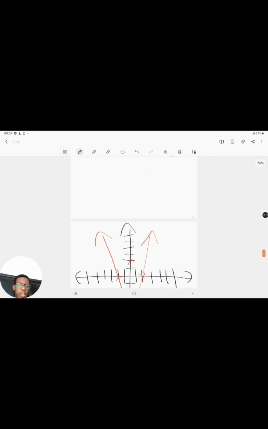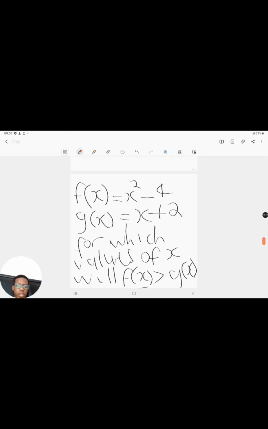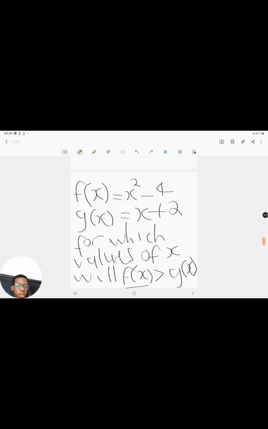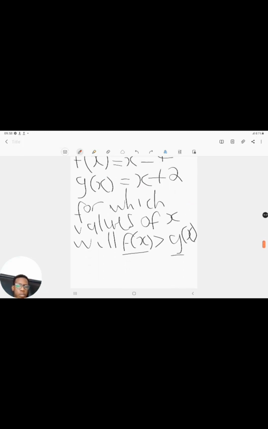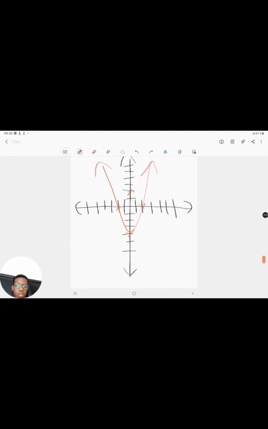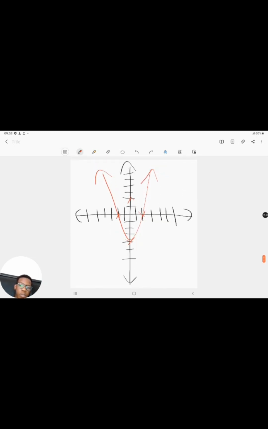It's a straight line with a positive gradient, and the x-intercept is minus 2, right? So it goes through there. Actually, let me sketch it using a different color. It should pass through these 2 points, and it's a straight line.